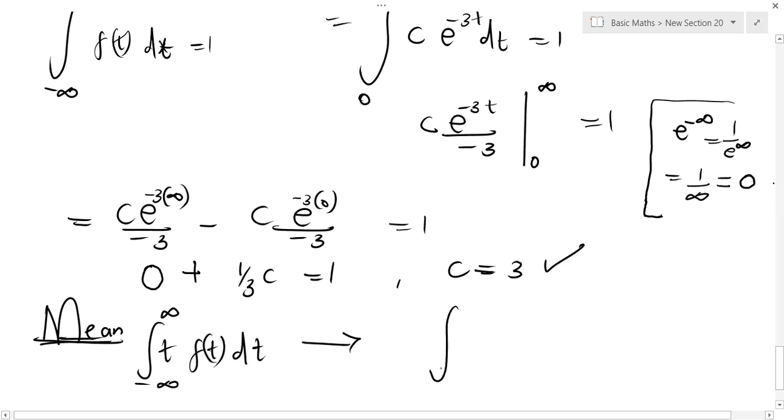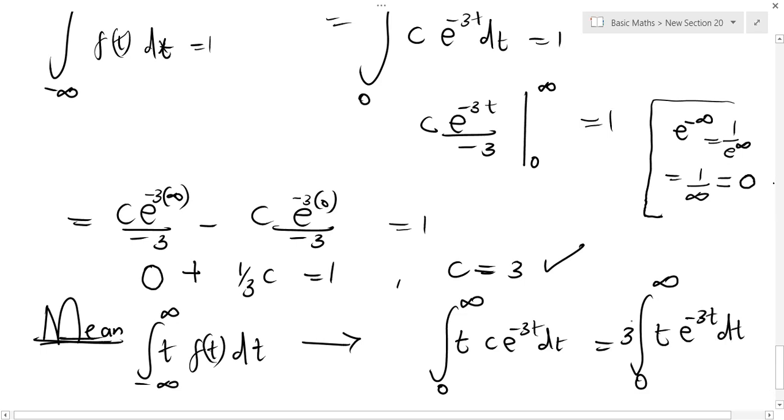In our case, it will be the integral from 0 to infinity of t times f(t), which is c exponential minus 3t dt. But we already know the value of c, so instead of c we'll write 3. I'll take the 3 out so that I have t exponential minus 3t dt.